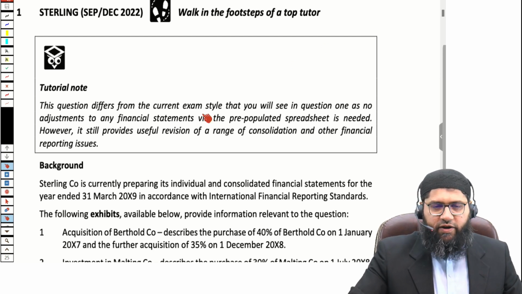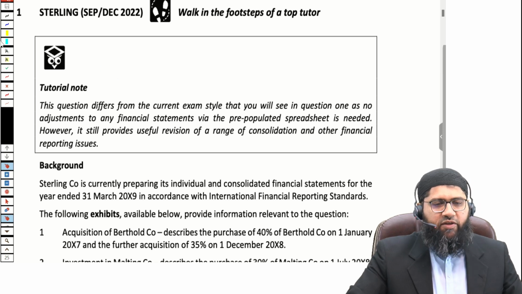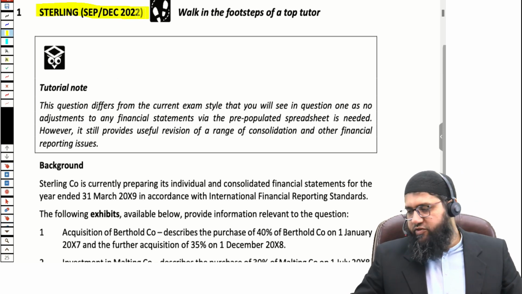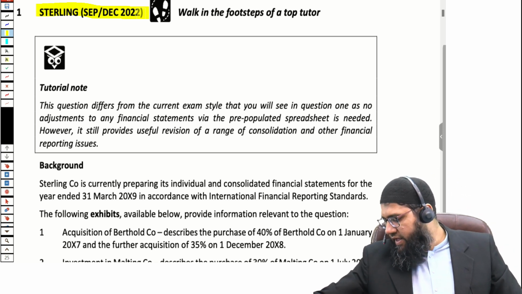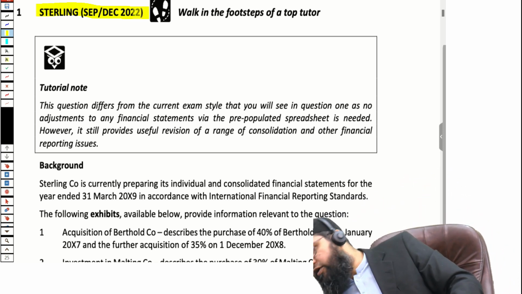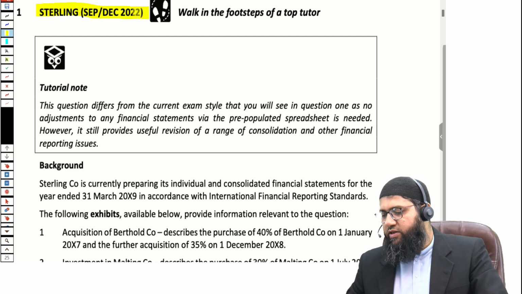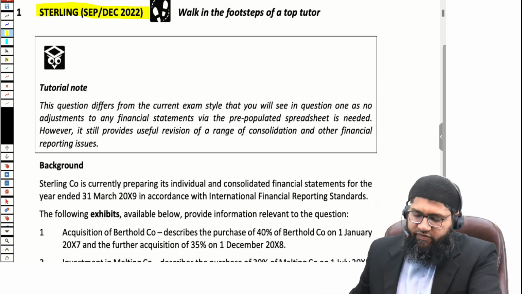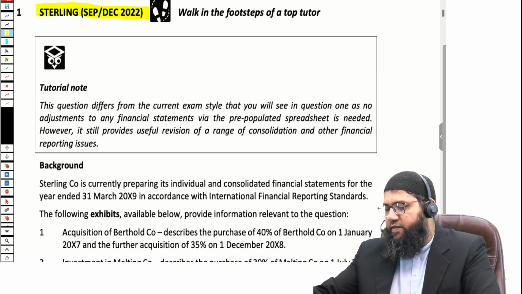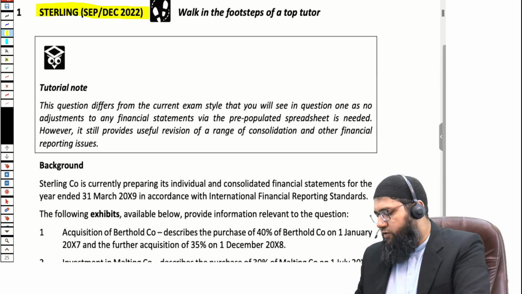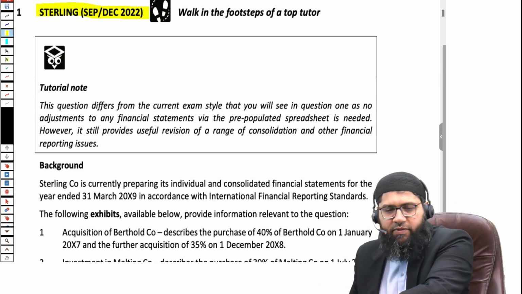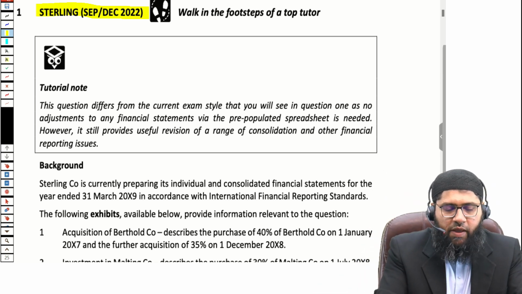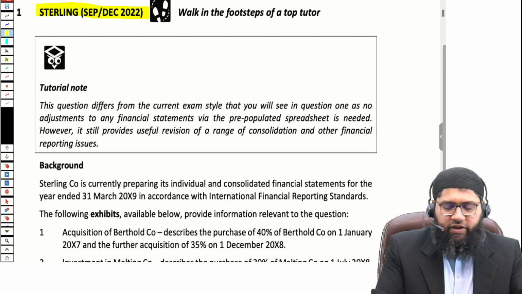What you have in front of you is basically an examination question from one of the past papers. The name of the question is Sterling Company, from the ACCA past examination of September 2022. Let's see what has been covered in this Sterling Company question and how we would be able to cover it. This is question number one.